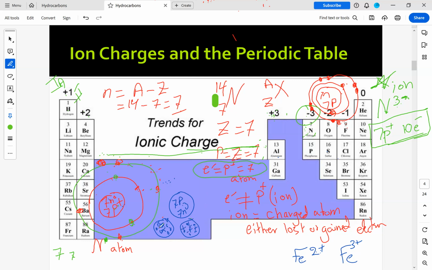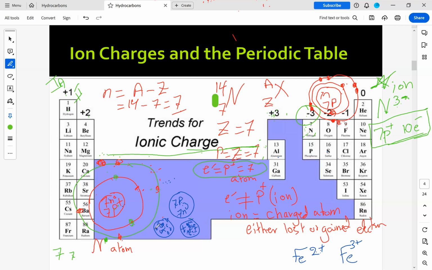It's the way that you like. But instead of doing this, we do this because it's easier for the teacher to read, and instead of keeping count of how many pluses you drew. But in nature, it's not 7 protons. It's like this.